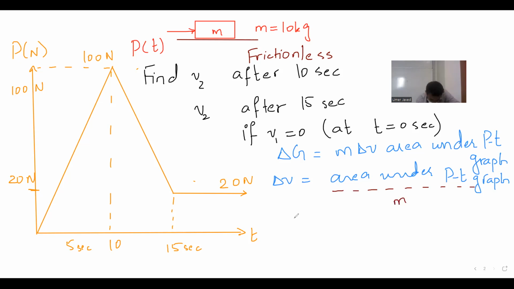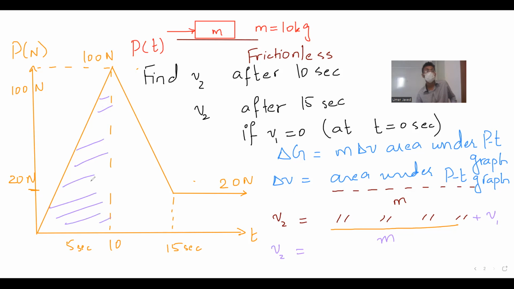In other words, V2 is equal to the area under the P-t graph divided by M. So I suppose this is how one of the students in class found it. Why don't you all help me with this one?